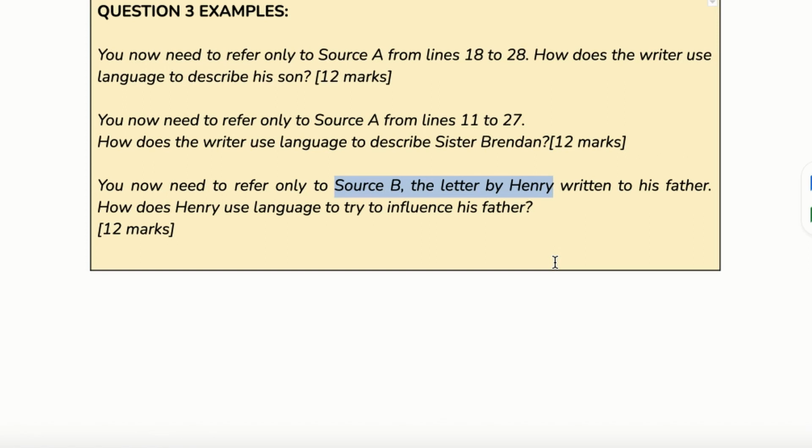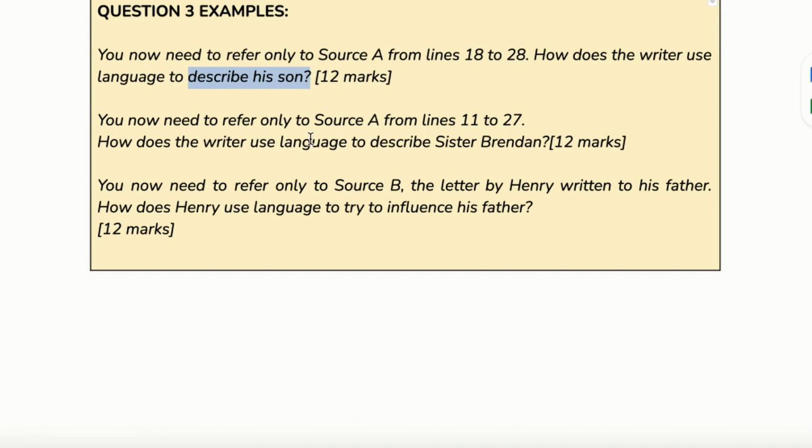So make sure you don't get led astray and you always look at exactly where it tells you to look. How does Henry use language to influence his father? So influence is persuasive. Father is the person he's persuading. So everything you write about needs to be on a topic to do with this focus of the question.